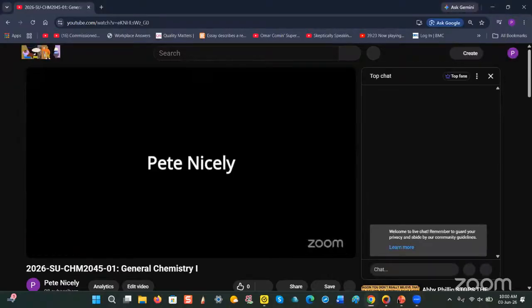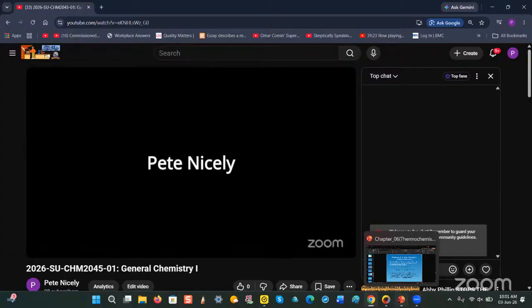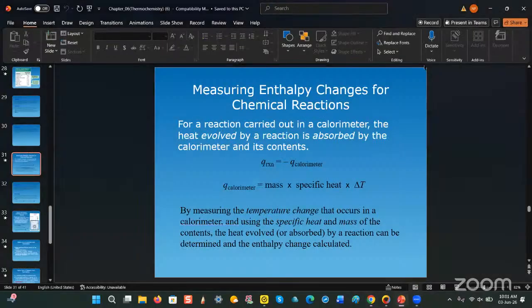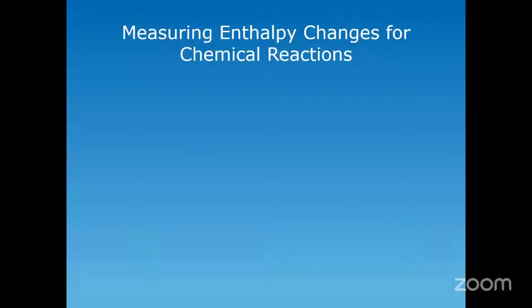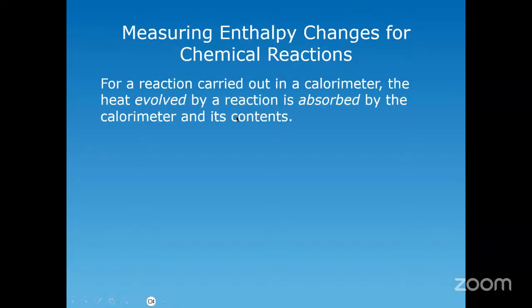Okay, so we're continuing our discussion of thermochemistry in chapter 6. And now we're going to get into how we do calculations based on measured values using calorimeters, all right?